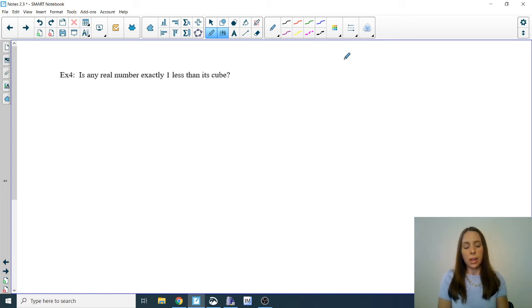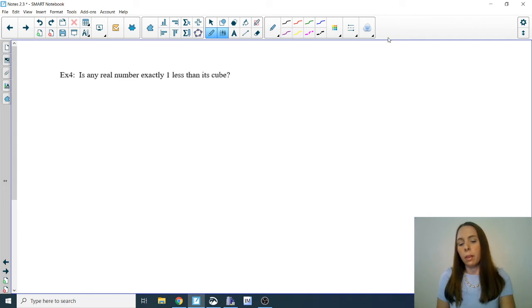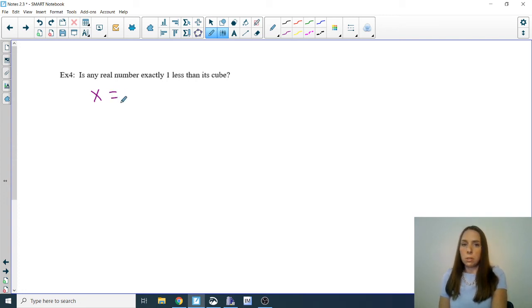You could turn that into an equation. Is any real number, let's call it x, any real number, exactly equal to 1 less than its cube? Take 1 less than its cube and turn that into an expression for the second part of this equation. Okay, 1 less than its cube.